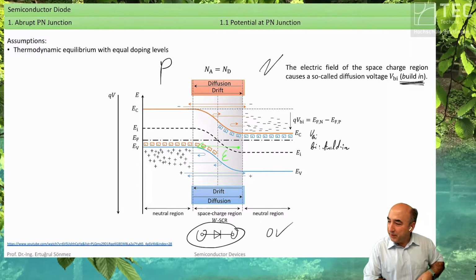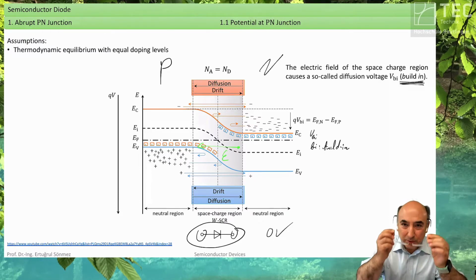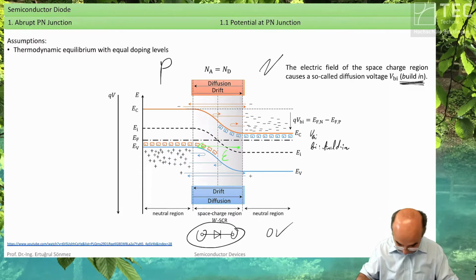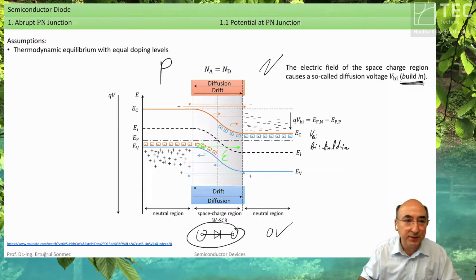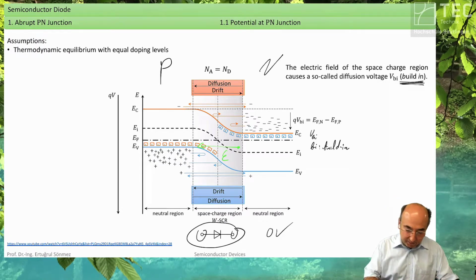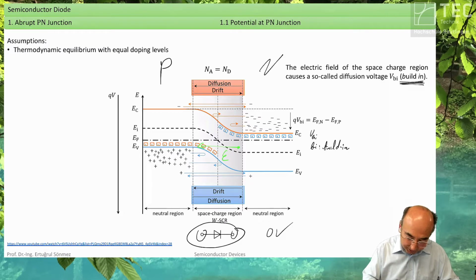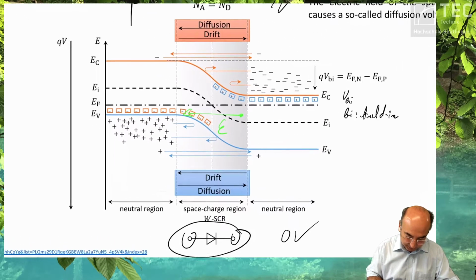Okay, we will learn more about the PN junction by taking a closer look at all the charges we have in the space charge region. Before we had the movement break, we had this picture.